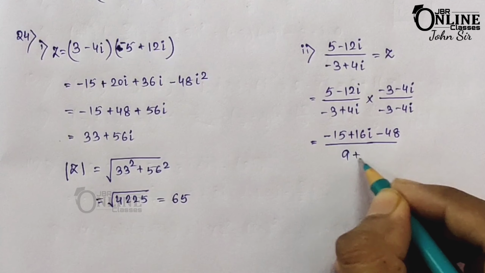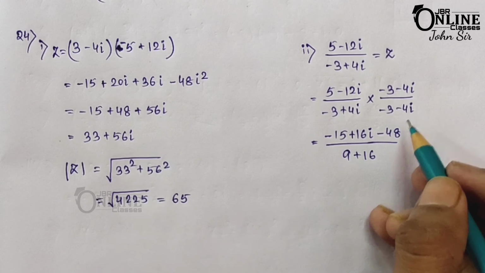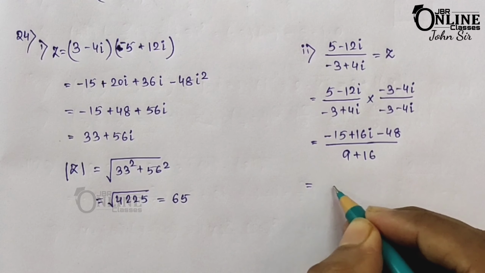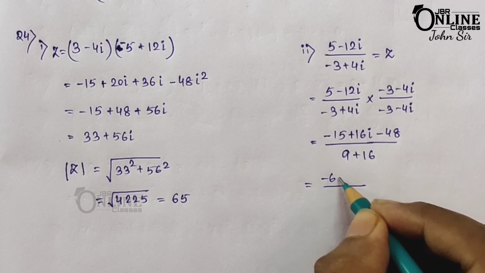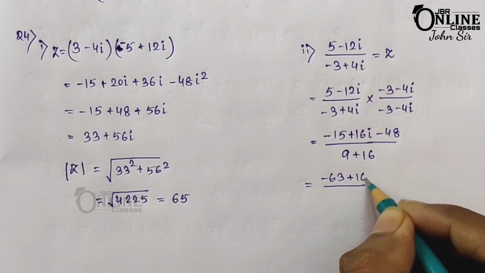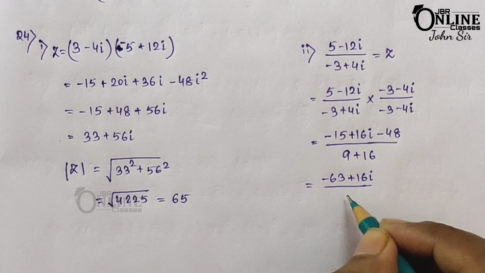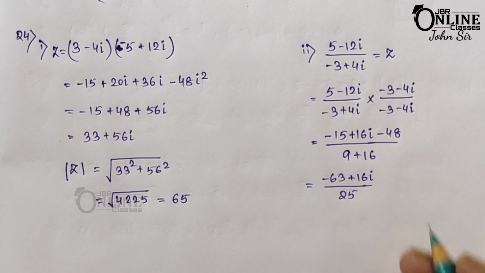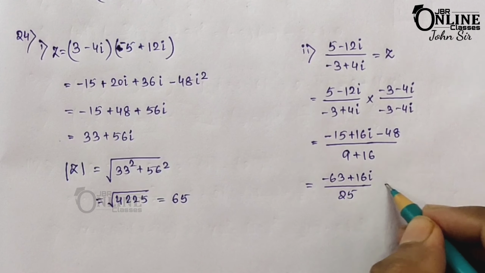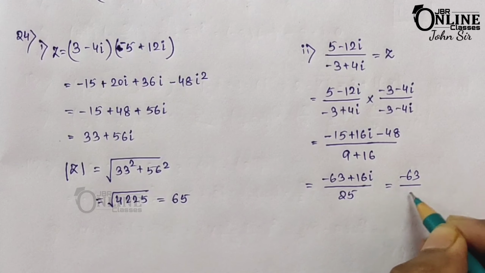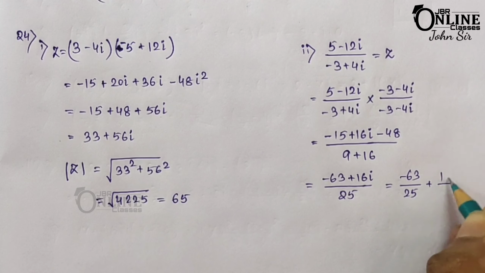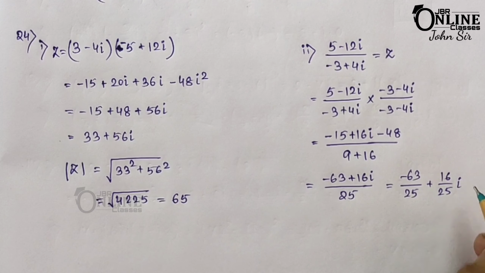So it will be 9 plus 16, as i square means minus 1. So finally minus 63 plus 16i divided by 25. So this one will be minus 63 by 25 plus 16 by 25 iota.